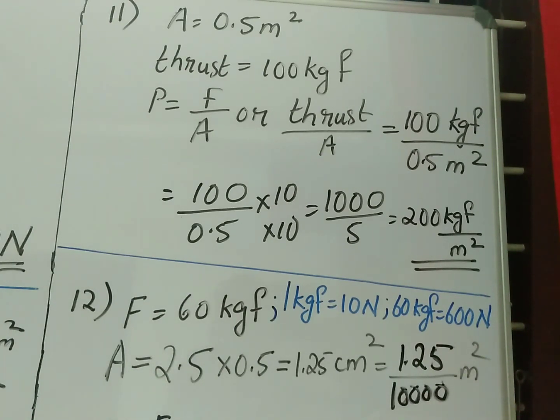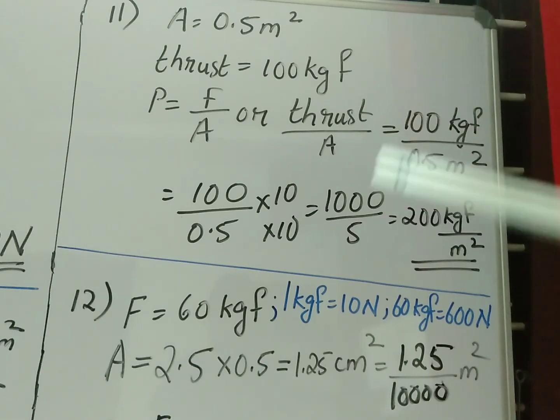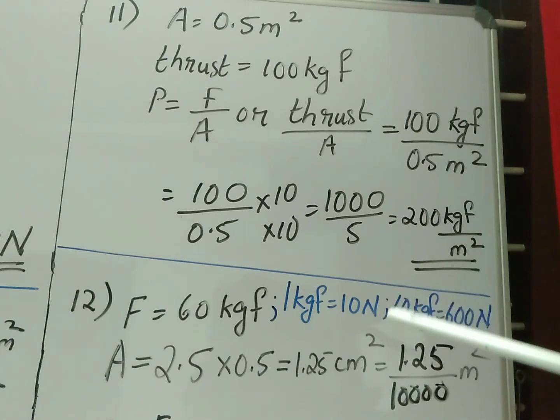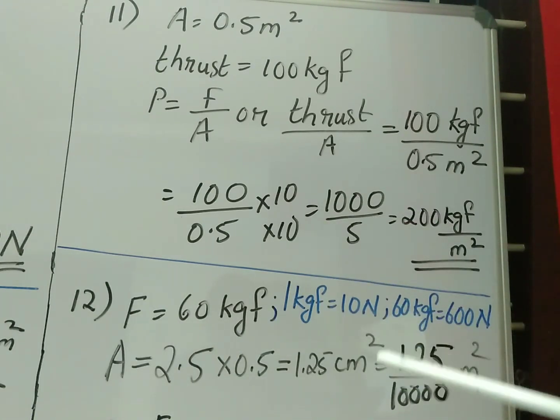Next, question number 11. Calculate the pressure exerted on the surface of 0.5 meter square by a thrust of 100 kg. Here it is given as thrust. Thrust or force, both are the same. Thrust means if the force acts in the downward direction, then we will say it as thrust. Force means we can apply force in any direction: left, right, up, down, anywhere.